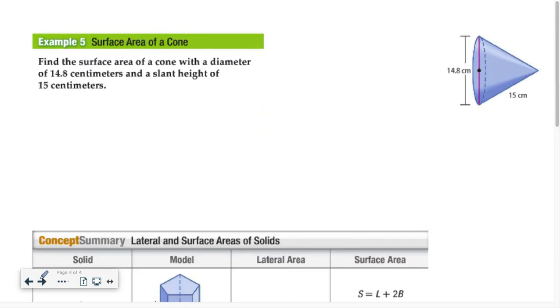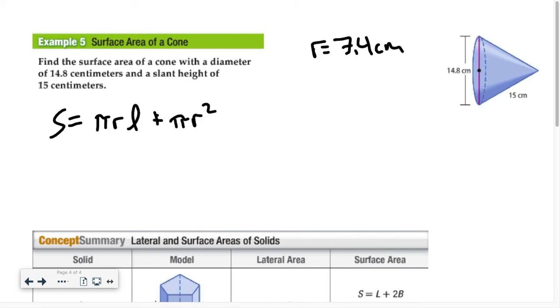Last example here, surface area of a cone. Okay, so surface area is, again, pi times radius times slant height plus pi r squared. Here we're given the diameter is 14.8, so the radius would be 7.4 centimeters.